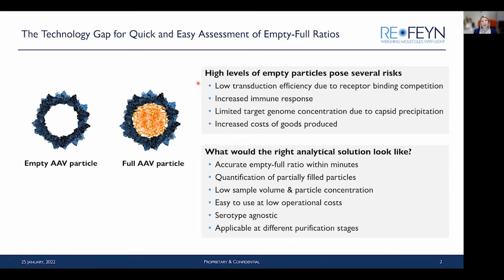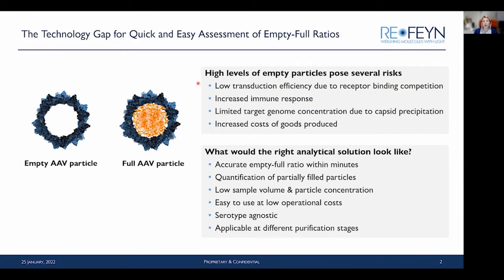Now, we think that one of the major reasons why there are so many empty particles, even in manufacturing, is that there's a lack of a technology that can quickly and reliably assess the empty-full ratio early in the process. So what would such a solution look like? It should accurately determine the empty-full ratio within minutes, should ideally be able to quantify partially filled particles.